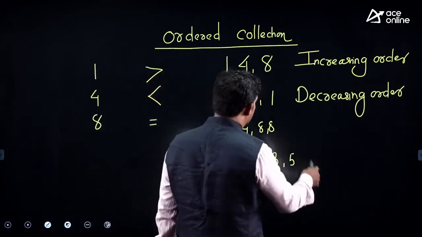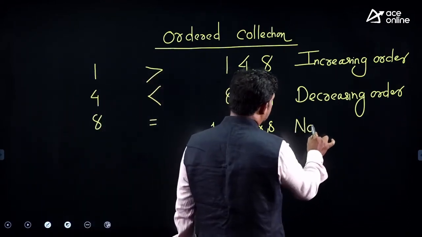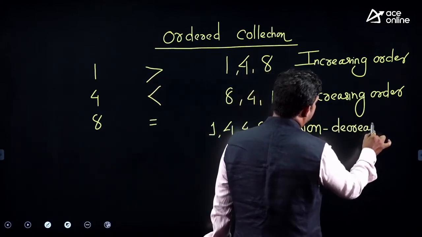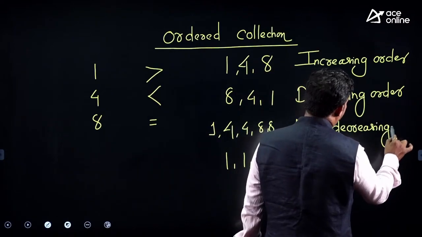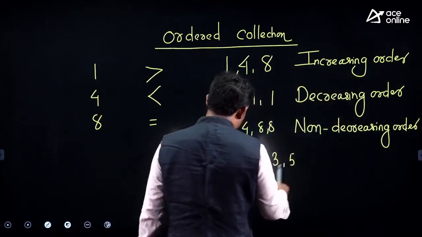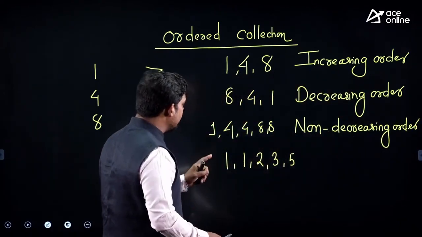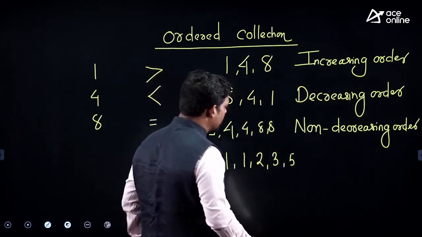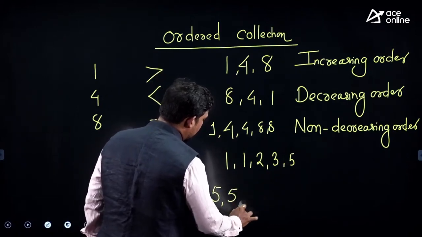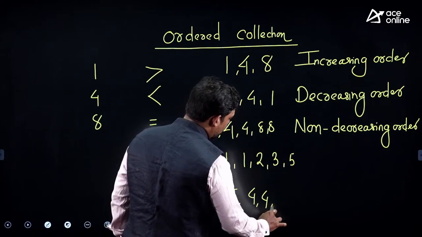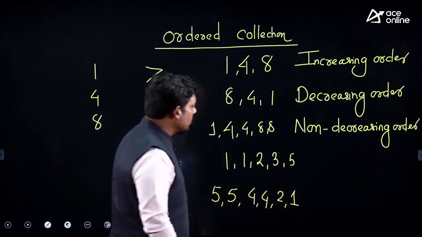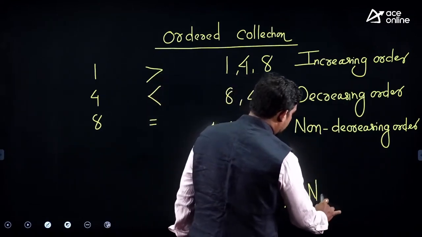This ordering is called a non-decreasing order. 1, 1, 2, 3, 5 is also an example of non-decreasing order. And suppose I take 5, 5, 4, 4, 2 and 1: is this decreasing order? No, this is a non-increasing order.